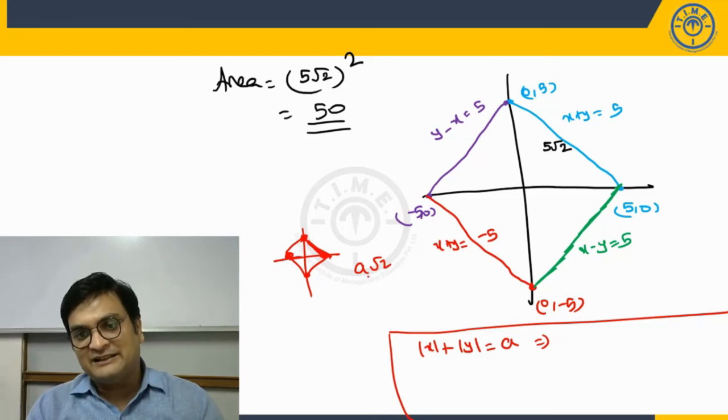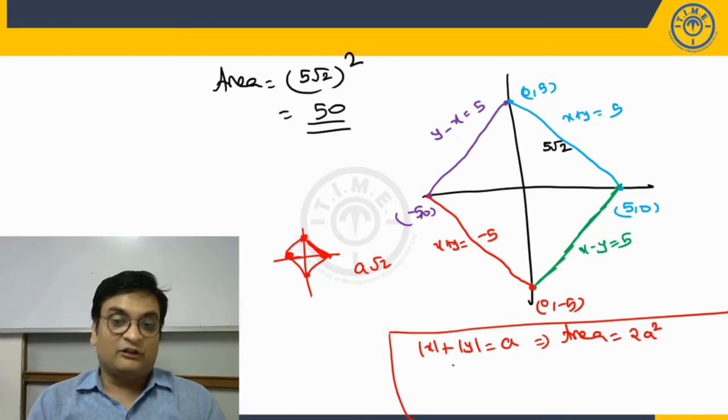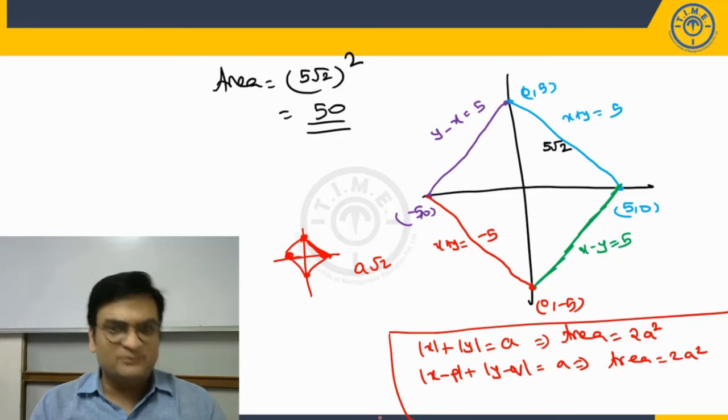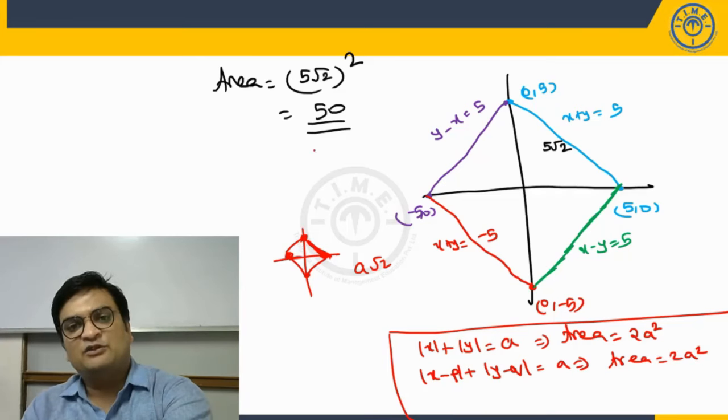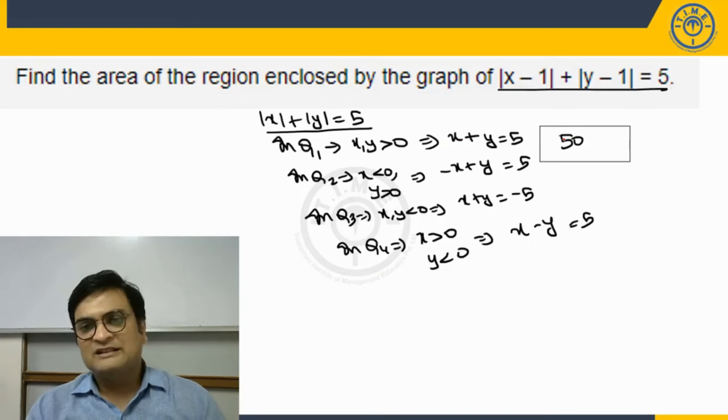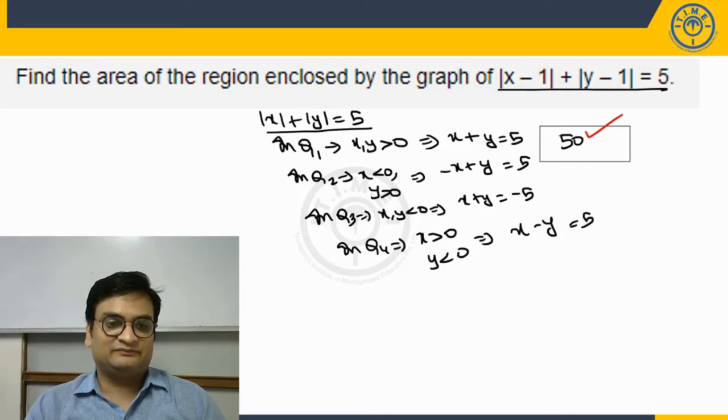And hence its area is going to be 2a square. Now not only for this, even if you have something like mod of x minus p plus mod of y minus q, this will also be having the same area. So you can maybe note down this formula. So the area is going to be 2 into a square, where a is this 5. So 2 into 5 square will give us 50 as our answer.